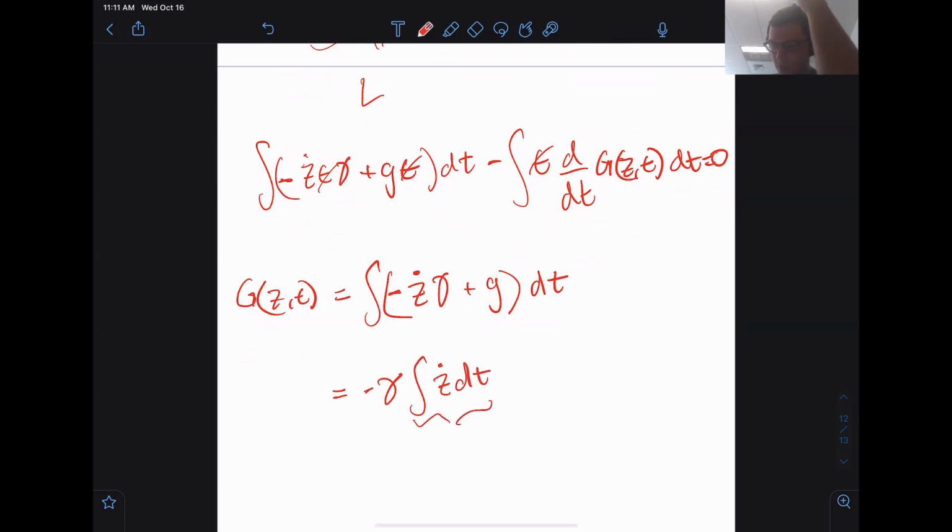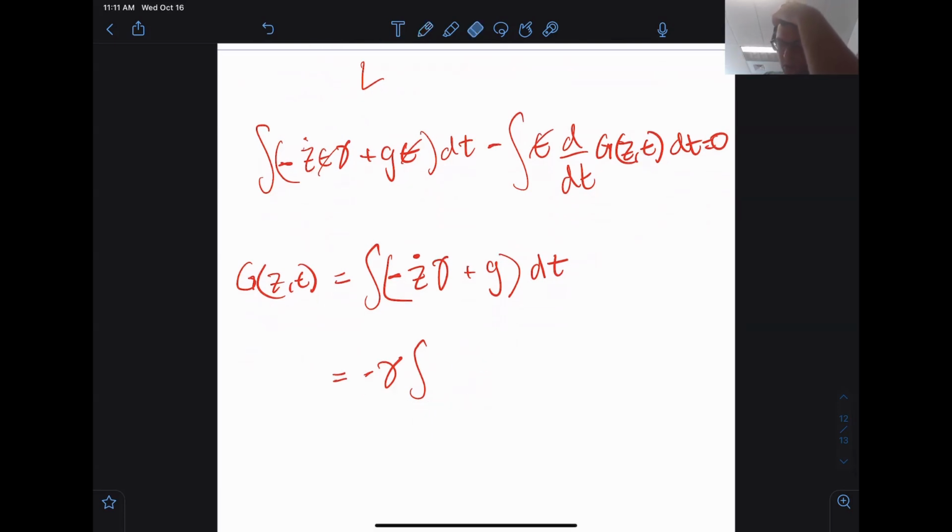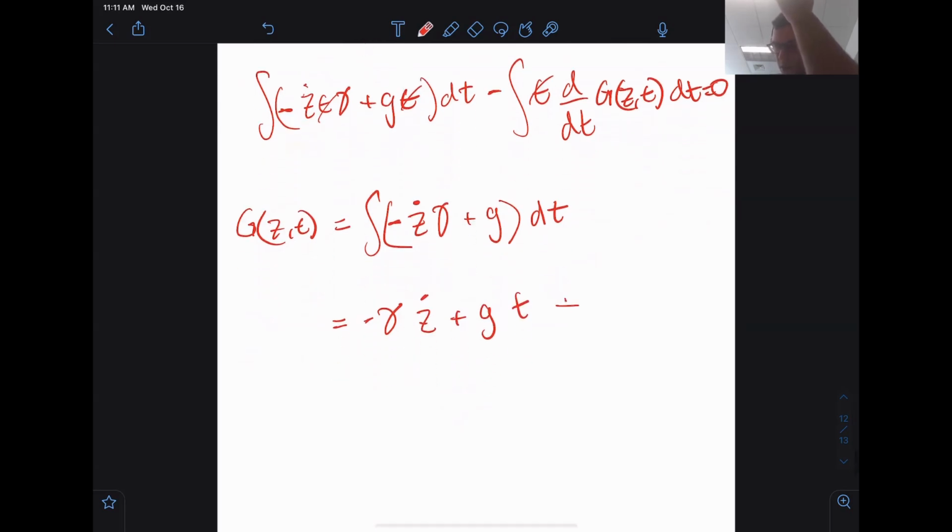So this is just the integral of z dot is z. And again, there's a constant there, but we know that that's going to get absorbed into the constant of motion.